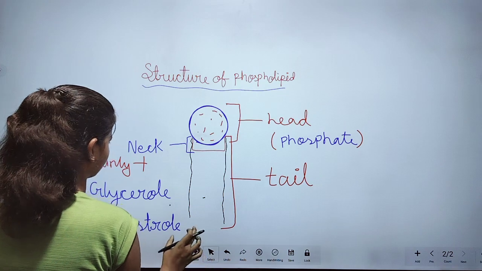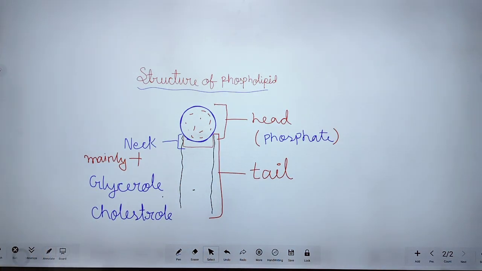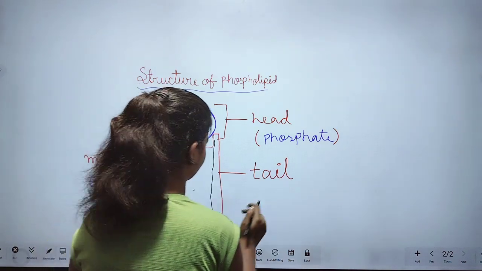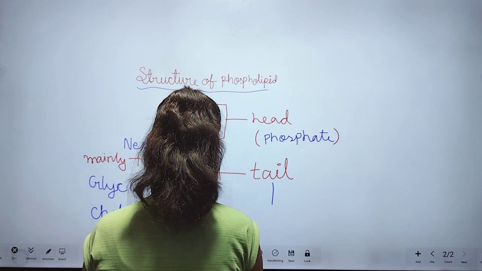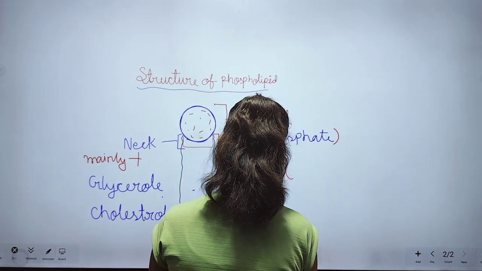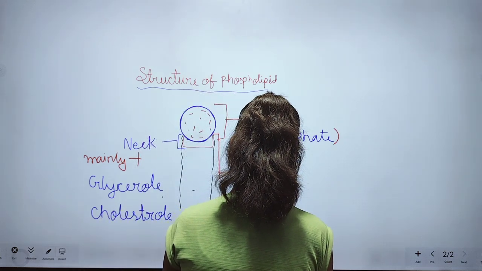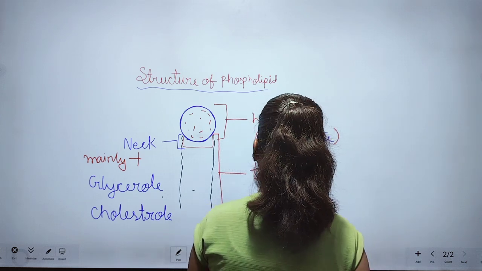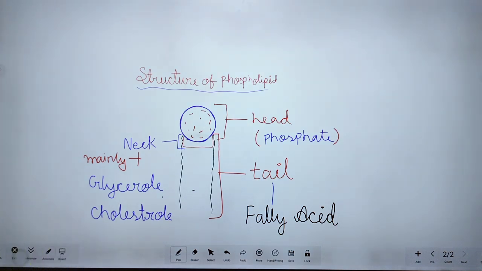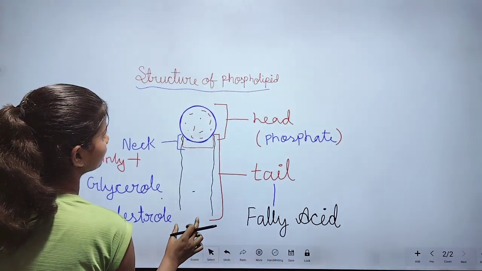And the tail region is mainly composed of fatty acid.